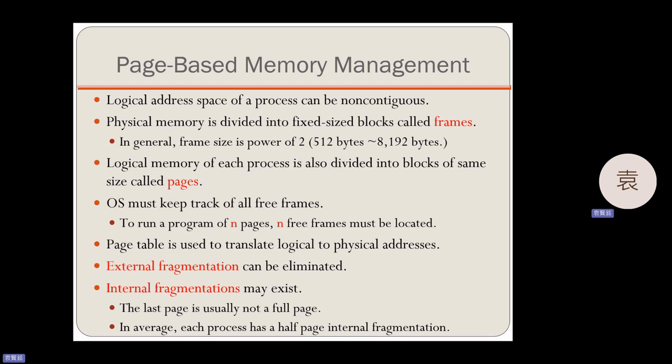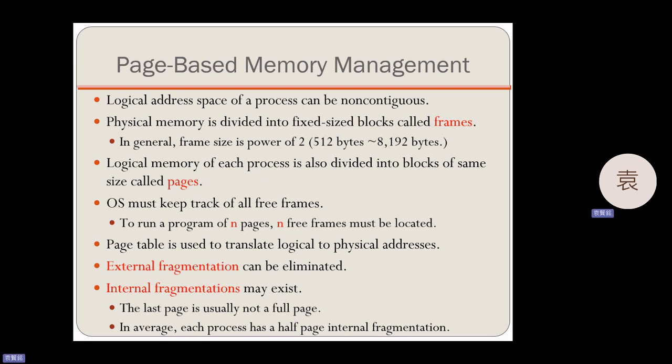So as long as the total number of free frames is larger than the incoming request, the allocation can be successful. External fragmentation can be eliminated, unless the process requires a number of frames larger than the currently available frames.